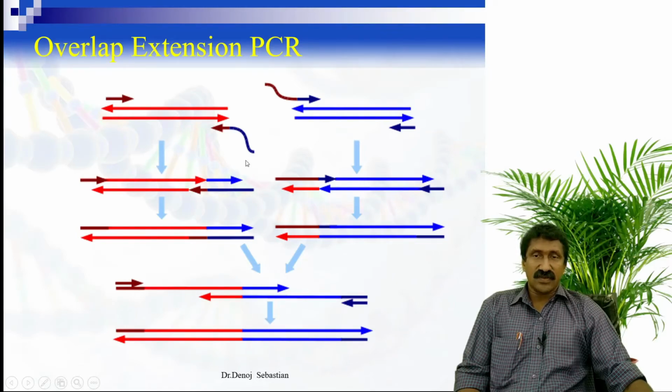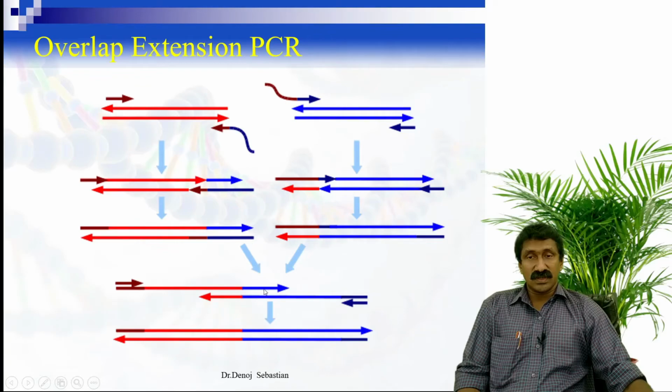After the first cycle of amplification, the second strand is synthesized against these newly added regions also. So now you have both the strands amplified with the newly added regions. Now they can be mixed together and hybridized.